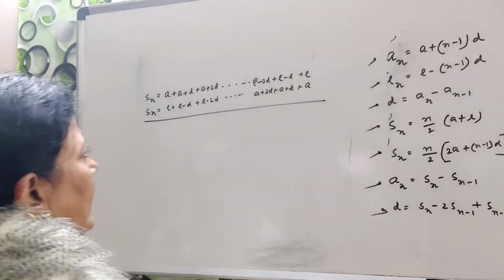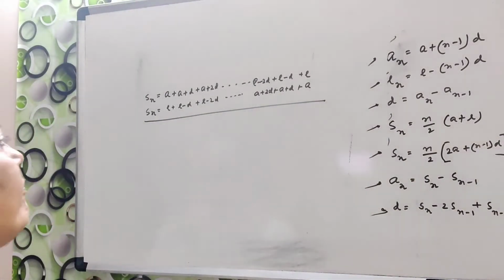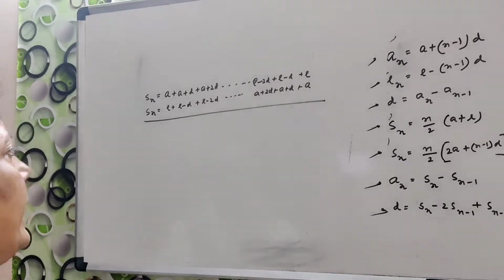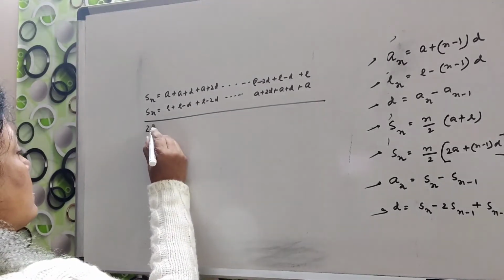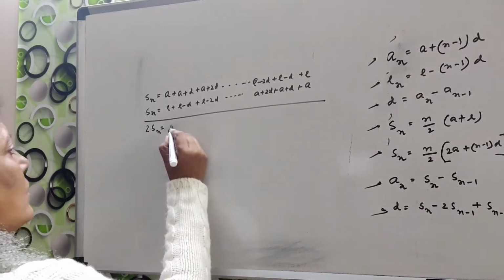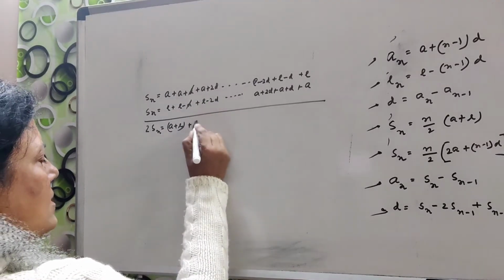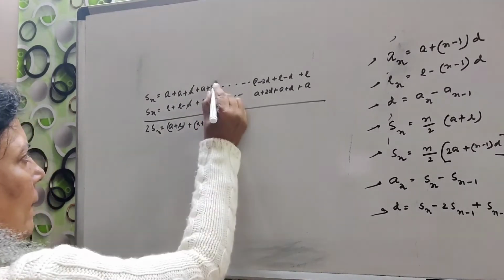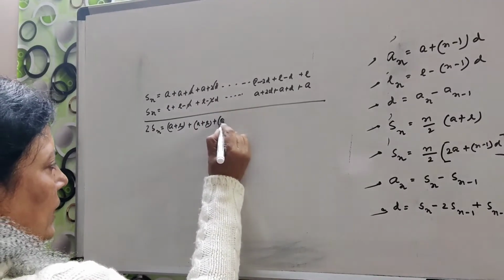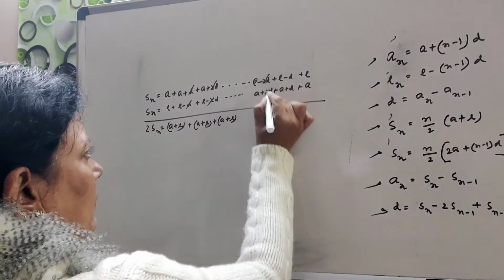Now, after adding these two equations, we can find the summation of n terms. So 2 times the summation of n terms is equal to (A plus L) plus (A plus L) plus (A plus L) and so on.